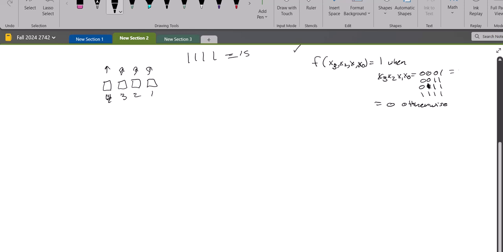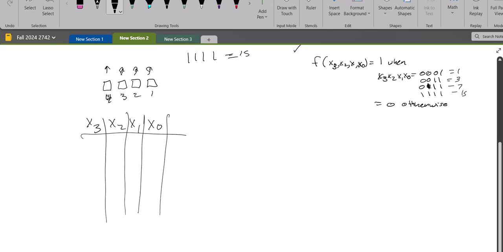Because these are numbers 1, 3, 7, 15. So one way to do this problem is just to do a truth table, x3, x2, x1, x0. You don't actually need to do the whole thing out because we already know what it's going to look like.